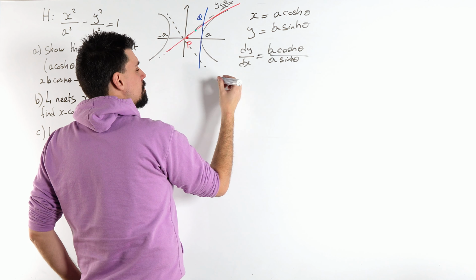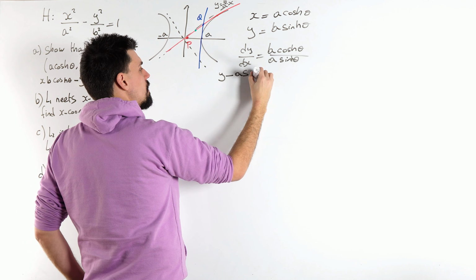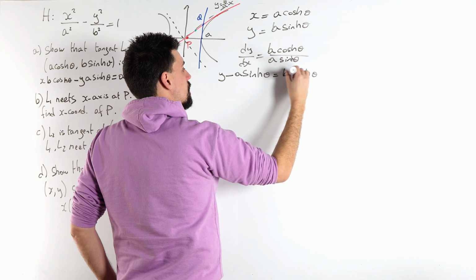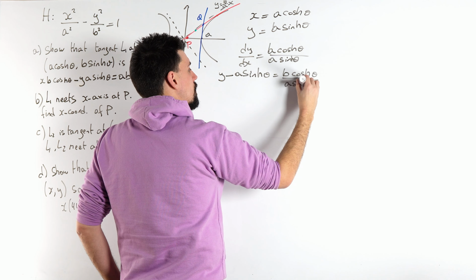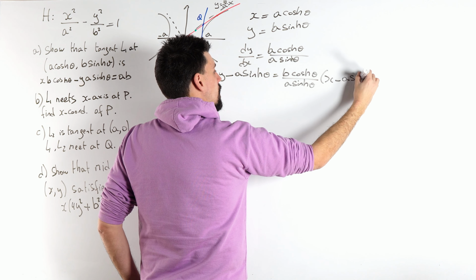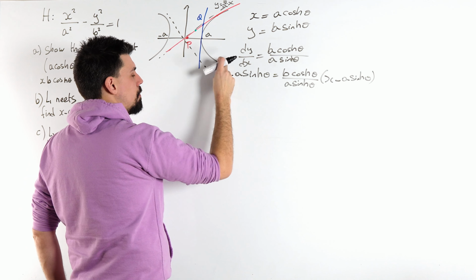Right, so equation of a straight line. y minus y1 is gradient times x minus x1. Now what are we going to do? Let's multiply that up here.